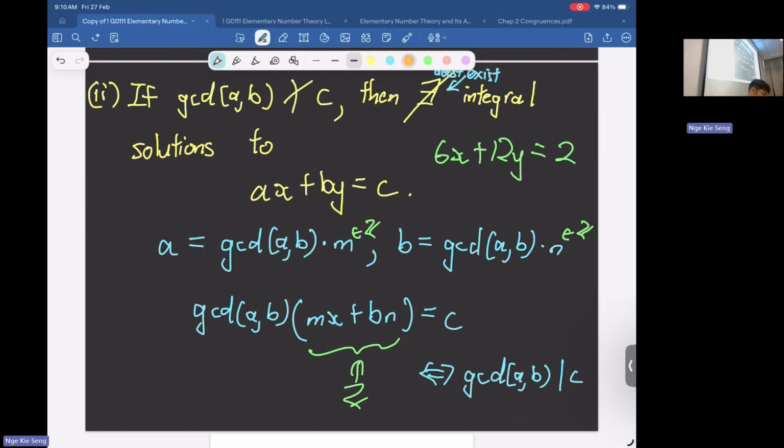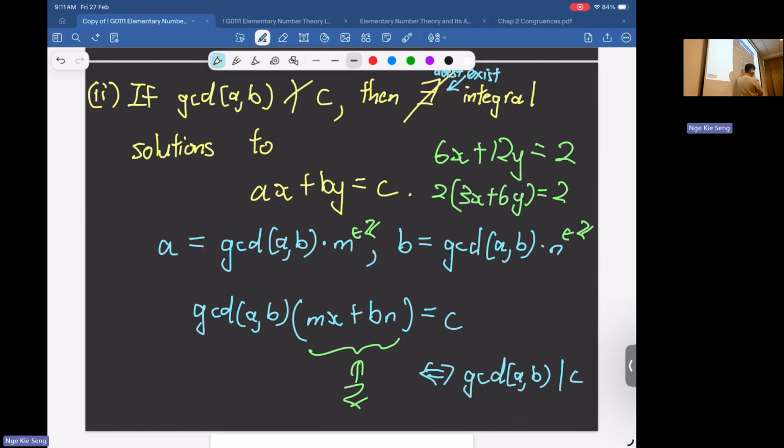I also can just pull out 2 times 3x plus 6y. Then you can ask whether this has an integral solution or not. Maybe I just pull out one divisor is enough. Turns out that you need to check for all the divisors.